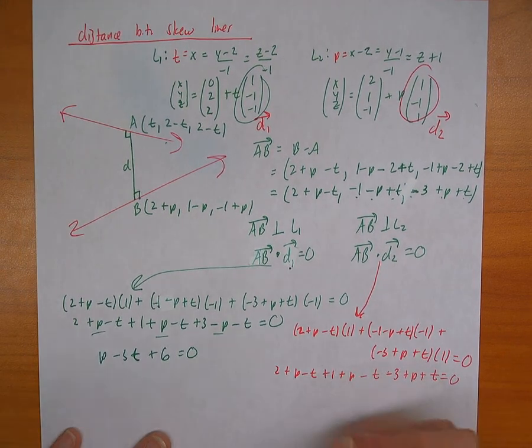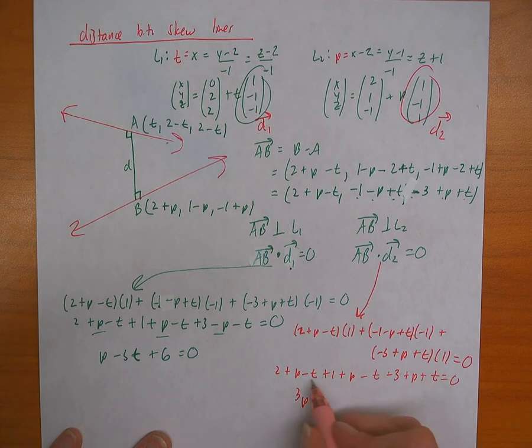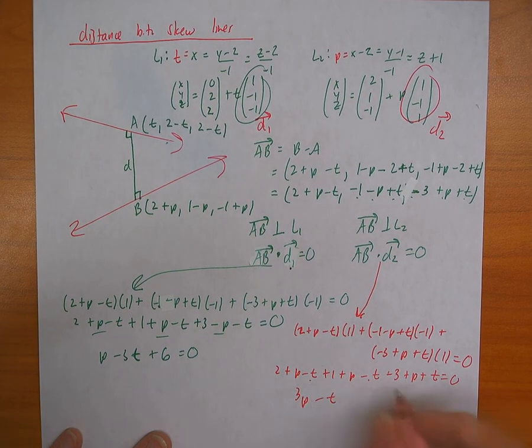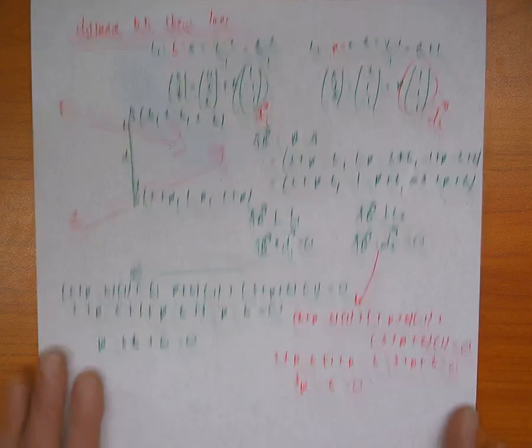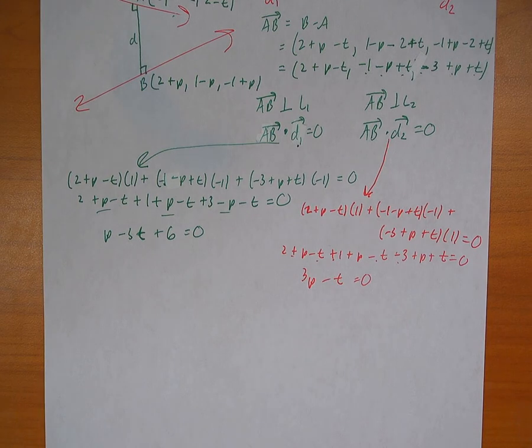Add like terms, so I have 3p minus t equals 0. And so now I want to solve this as a system of equations.